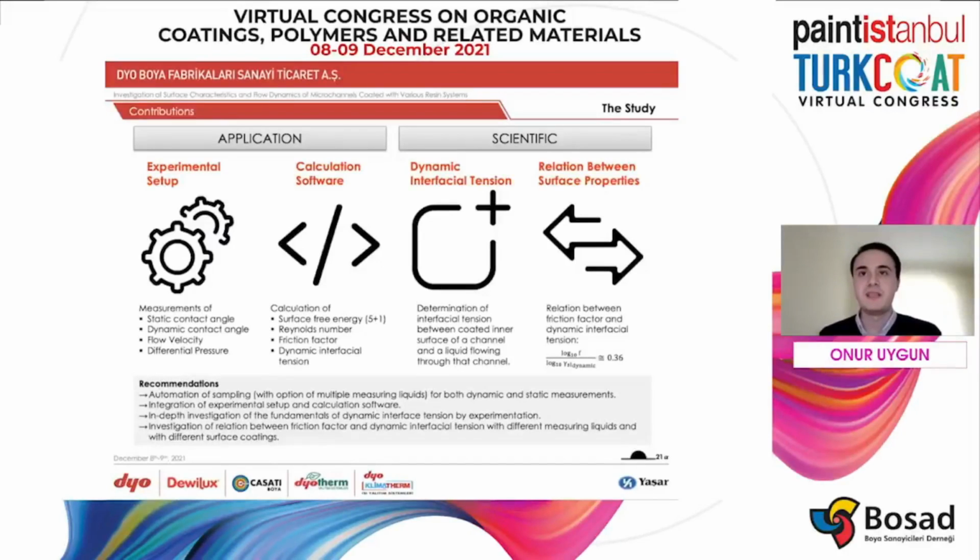Also, we found that there can be a constant ratio between friction factor and dynamic interfacial tension, which is equal to 0.36. We also have some recommendations for future work, like automation of sampling, integration of the experimental setup with calculation software, in-depth investigation of dynamic interfacial tension, and investigation of the constant friction factor to dynamic interfacial tension ratio, which is 0.36.